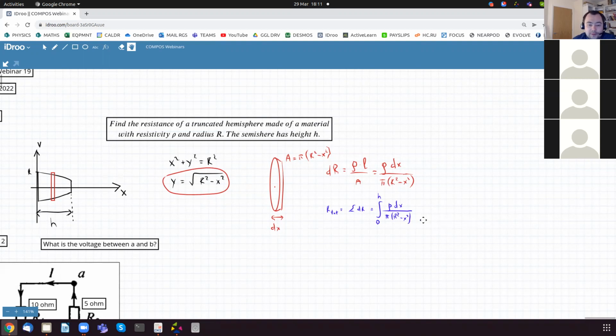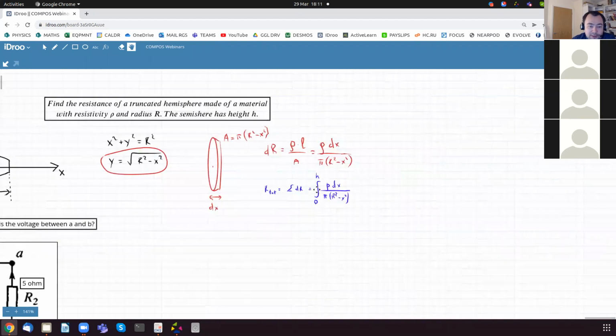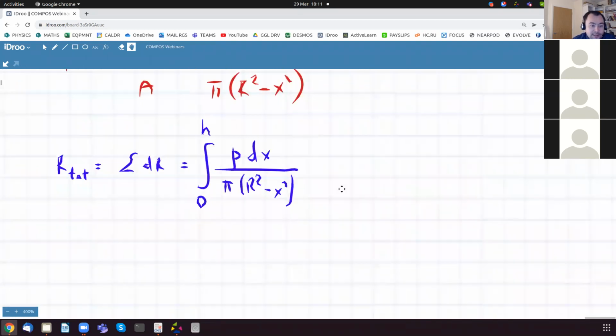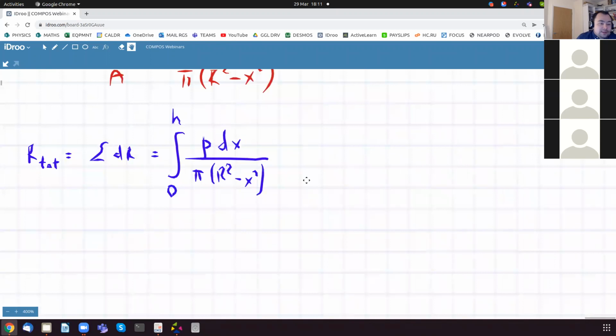Okay. Right. So now we want to integrate this to find the total resistance, of course, because that's what we needed. So we take the rho and pi out, and also we take the minus 1 out. So it's going to be minus rho pi integral from 0 to h of 1 over x squared minus r squared.